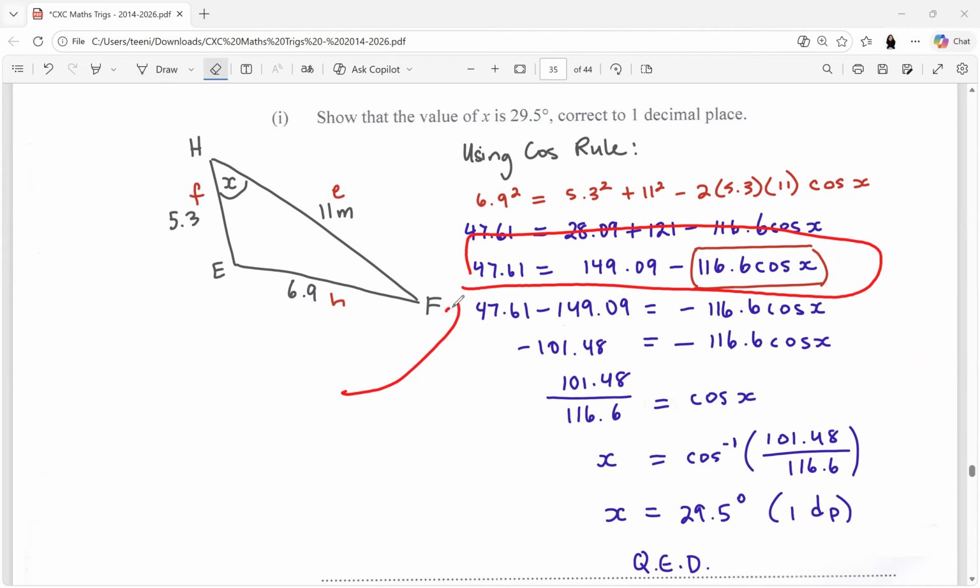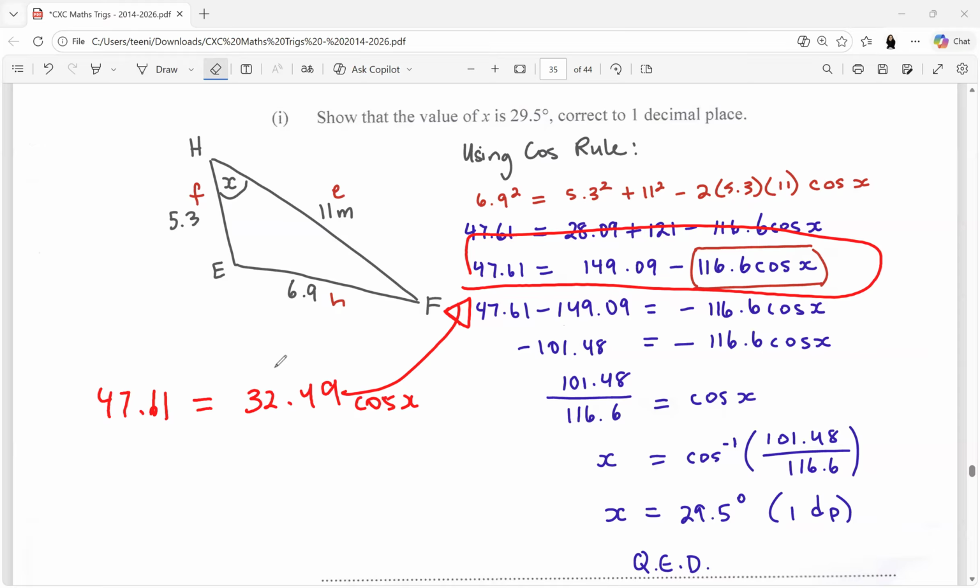This is what some students would have done. They would have kept 47.61. And on this side, they would have 149.09, take away 116.6, which is 32.49 cos of x, right?